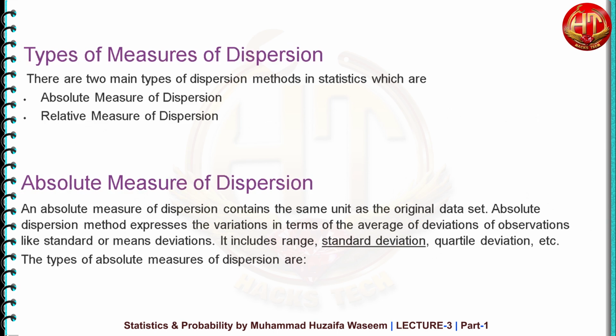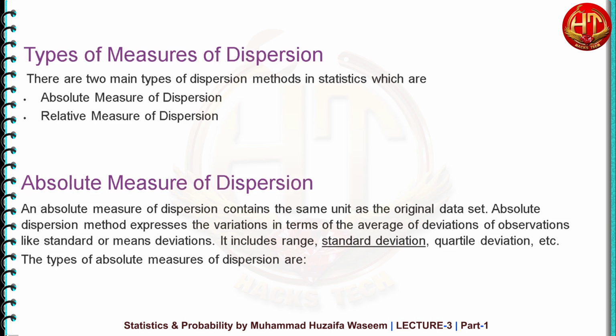Types of measures of dispersion. There are two main types of dispersion methods in statistics, which are absolute measure of dispersion and relative measure of dispersion. Absolute measure of dispersion: an absolute measure of dispersion contains the same unit as the original data set.